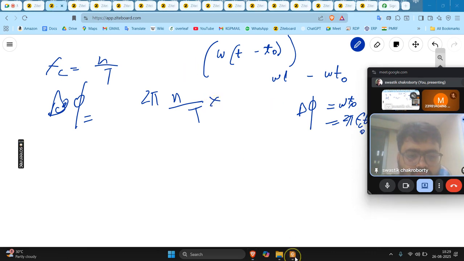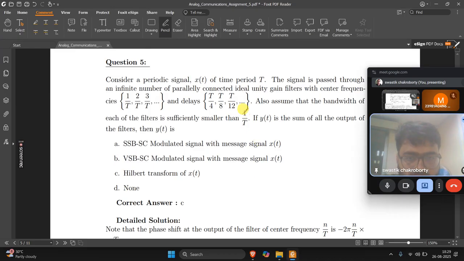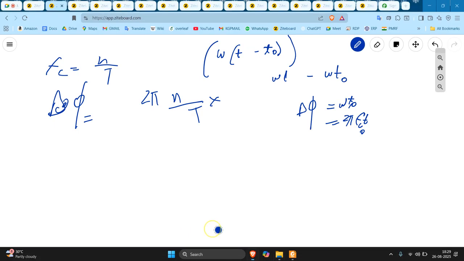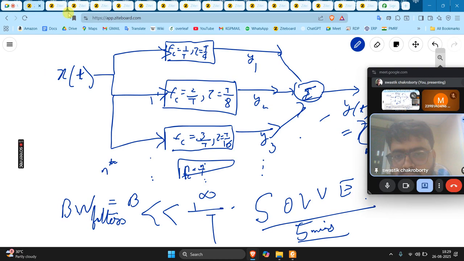And what is this pattern? Sorry, this was not a GP. This was also an AP, t/4, t/8, t/12. I might have mistakenly written it as t/60. So it is not t/60, it's t/12. So 4 1s are 4, 4 2s are 8, 4 3s are 12.